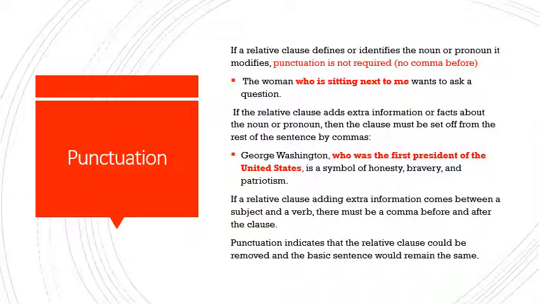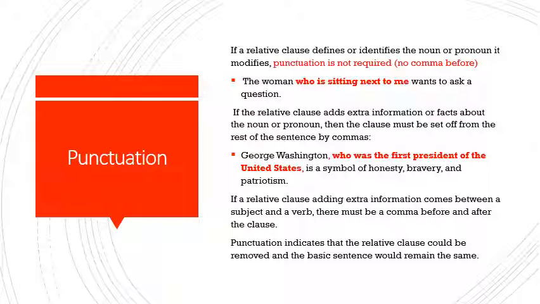Another important point worth stressing is punctuation. While punctuation is not required for a defining clause, remember, like I said earlier, it is mandatory for the non-defining and connective clauses. Look at these examples.